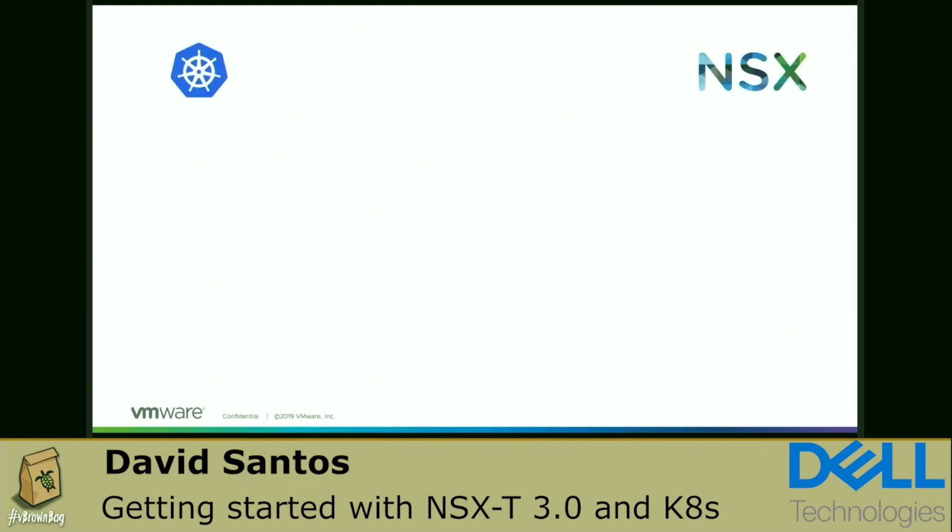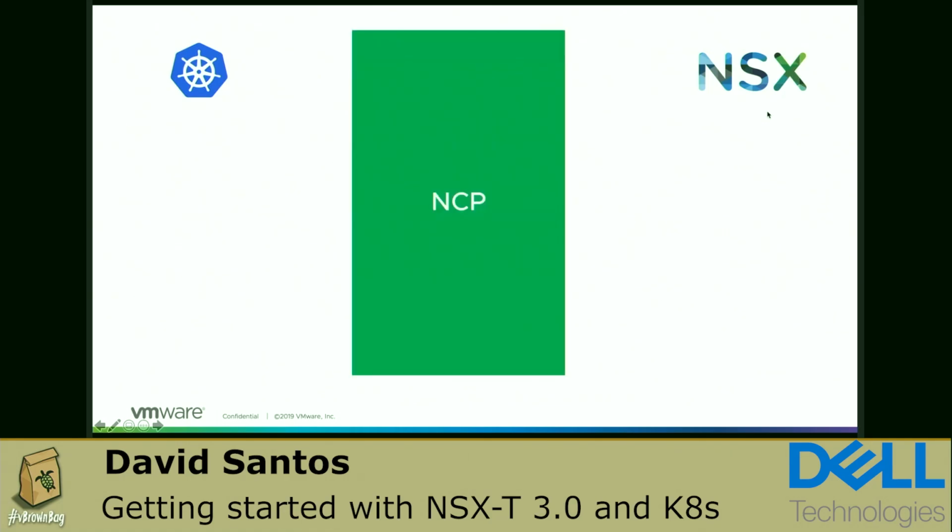On the left side we have Kubernetes, and on the right side we have NSX. To do this integration, we have the NCP in the middle. NCP will talk API with Kubernetes and talk API with NSX. NCP is some containers that run.